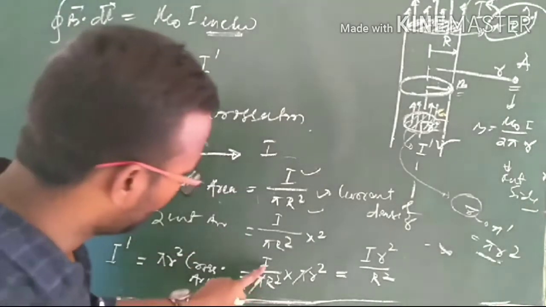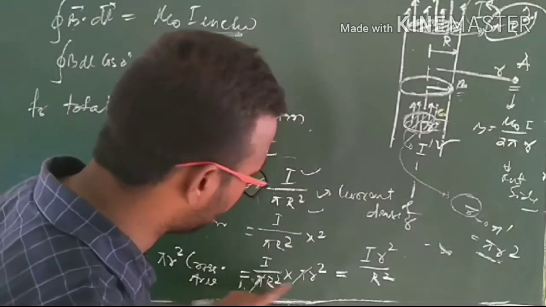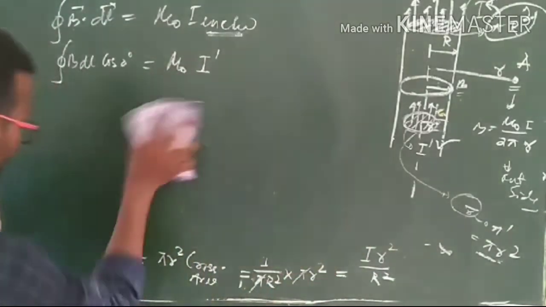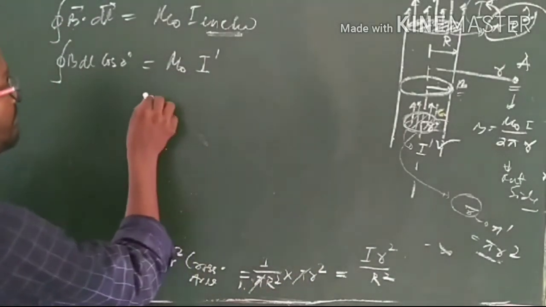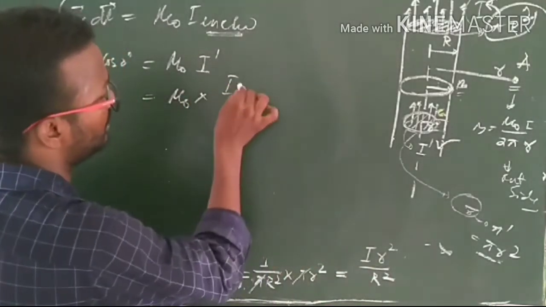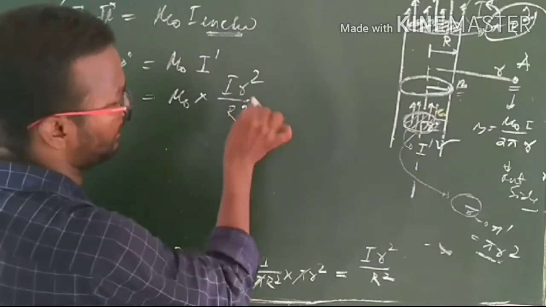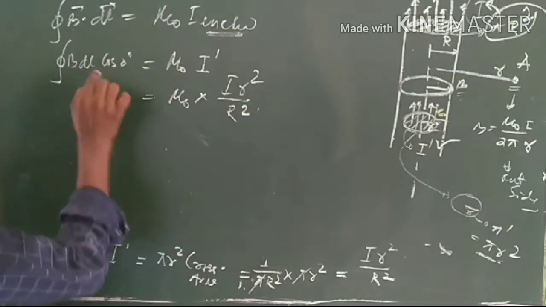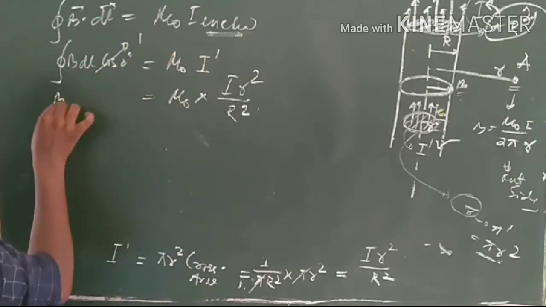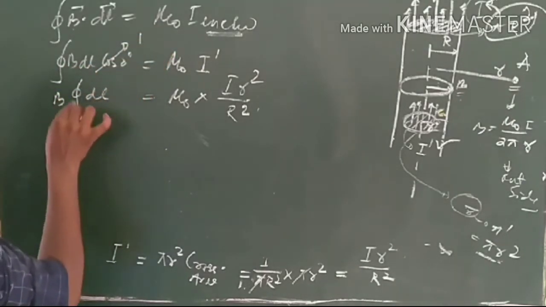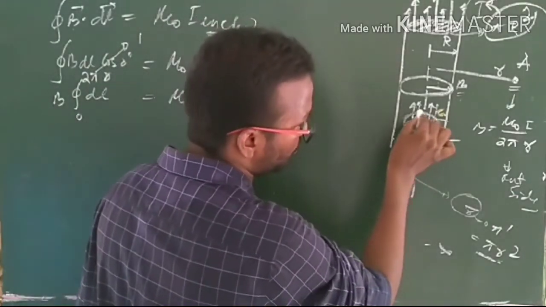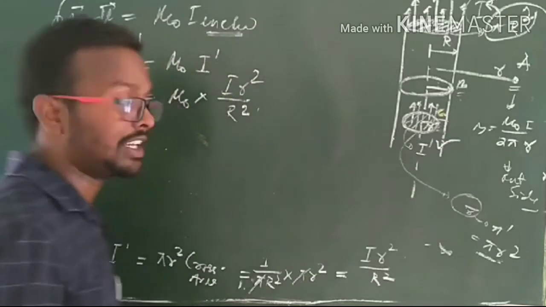Now we have to use this relation here. If we use it, we can write B dl cos theta equals mu naught into I dash, which is I r square by capital R square. Cos 0 equals 1, and B is a constant quantity, so the integral of dl from 0 to 2 pi small r is 2 pi r.